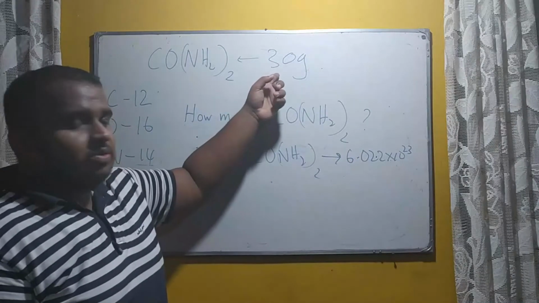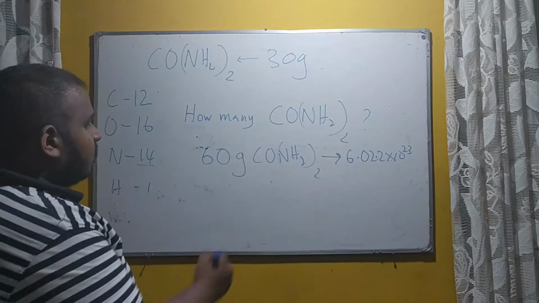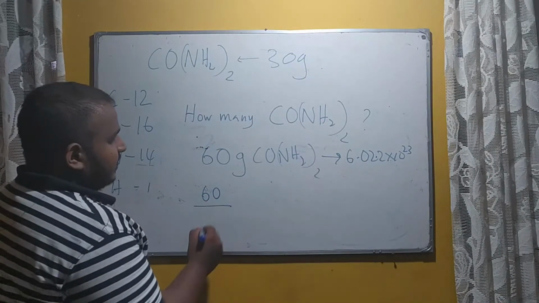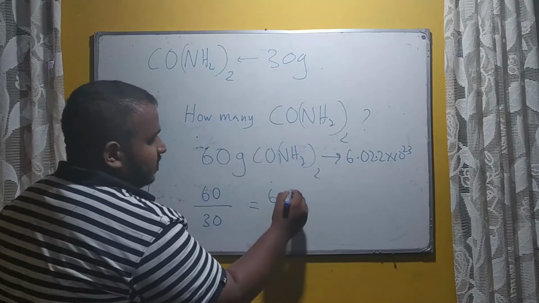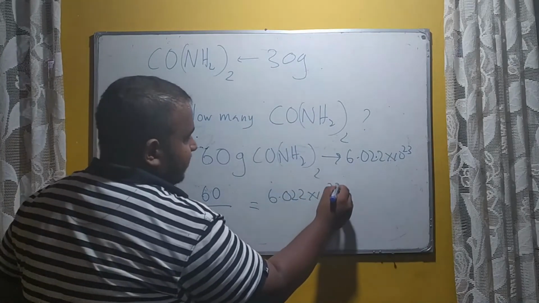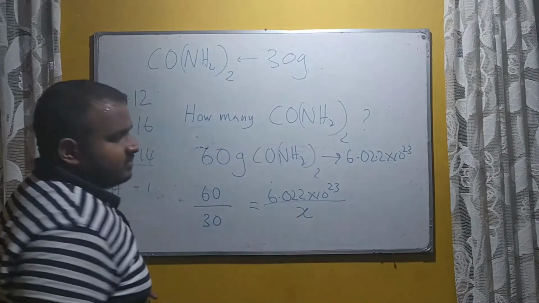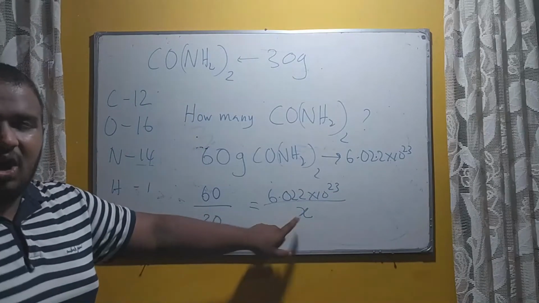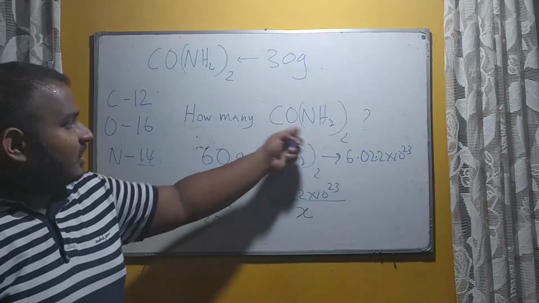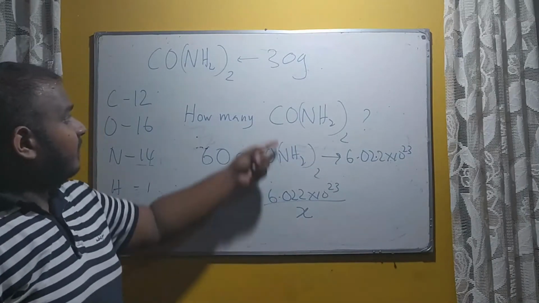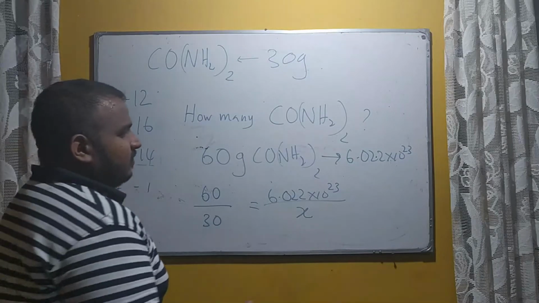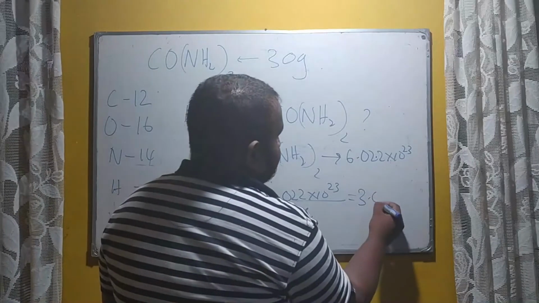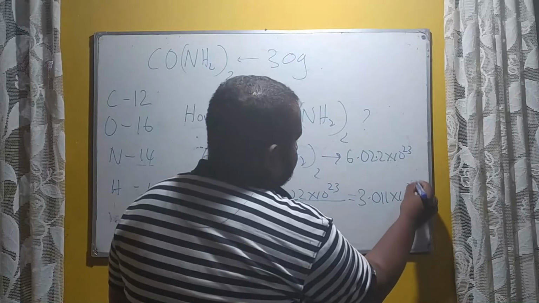But they have given you half of it. So 60 divided by 30 is equal to 6.022 into 10 to the power of 23 divided by x. The x is the value of how many urea molecules are present in 30 grams of urea. Immediately you will find the answer, 3.011 into 10 to the power of 23.